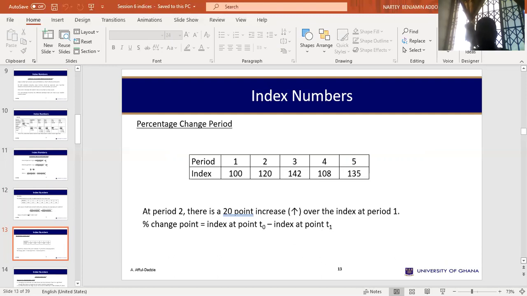Now, the percentage change point is equal to index at point T0. No, it should have been T1 minus T0, the other way around. I think that would have been appropriate. It's the current, which is period 2, less the previous. So it should be index at point T1 minus index at point T0. That's how it was supposed to be.